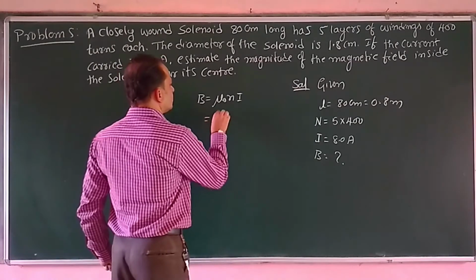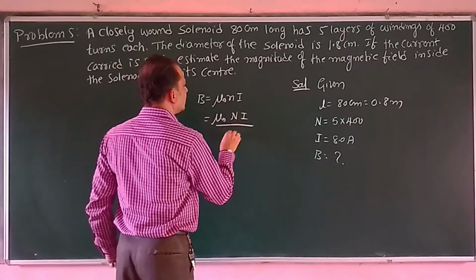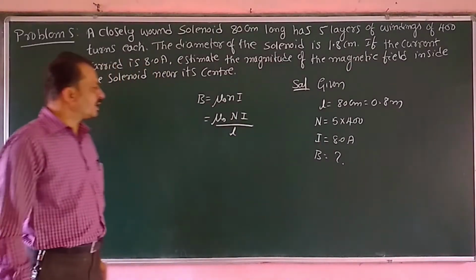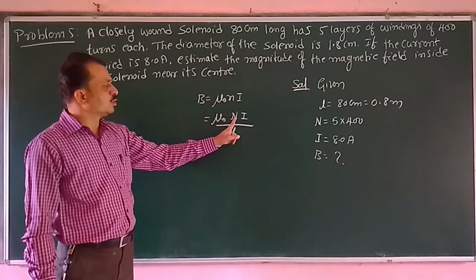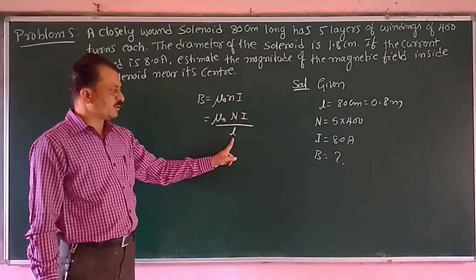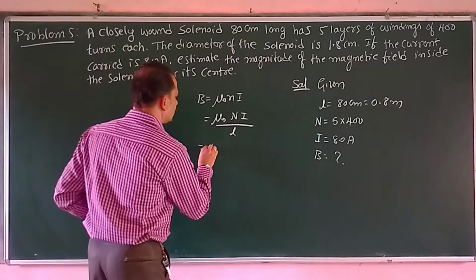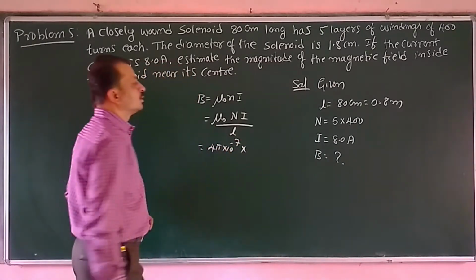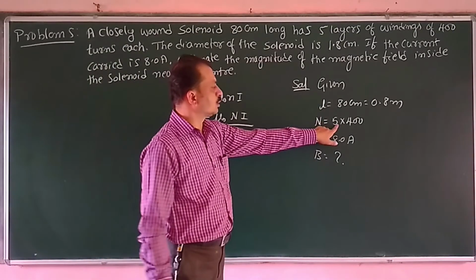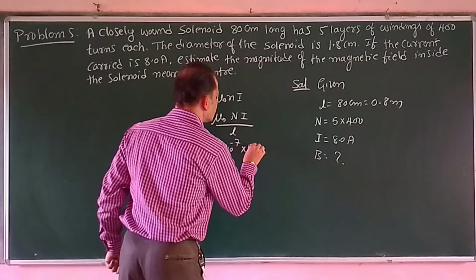So that should be equal to capital N divided by the length of the solenoid, that is total number of turns divided by the length of the solenoid. So substitute the values. It is 4 pi into 10 raised to minus 7. The total number of turns is 5 layers, and each layer is having 400 turns.